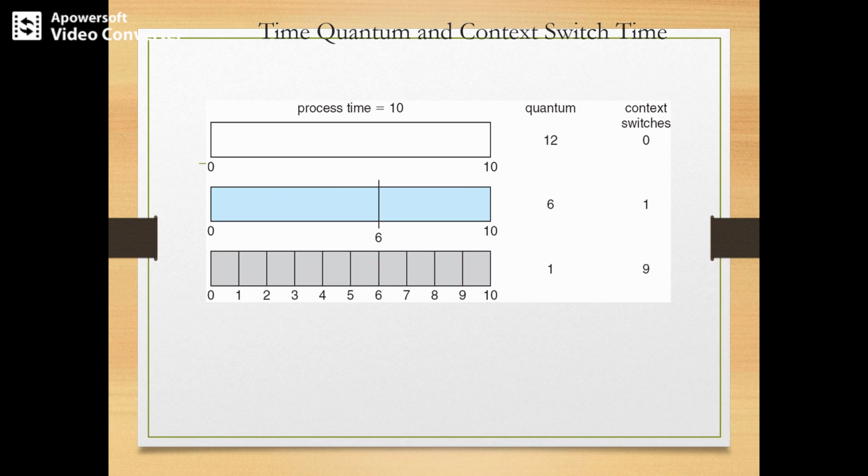So there is just one context switch from one process to another. And in the third Gantt chart the time interval is 10, but the quantum is set to 1. Each process executes for just 1 millisecond, and the number of context switches required is 9.